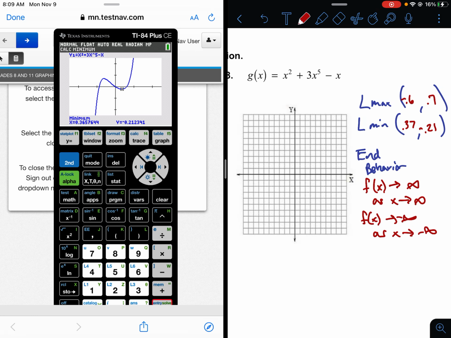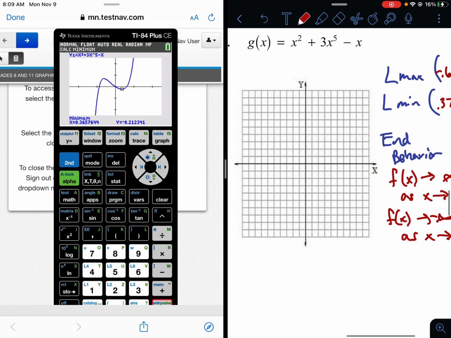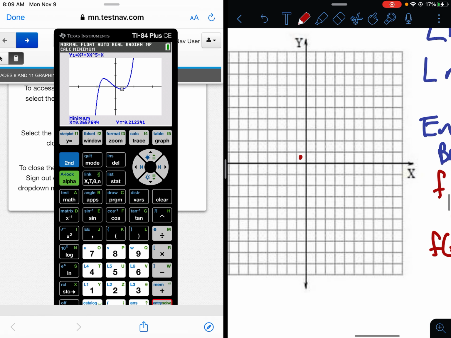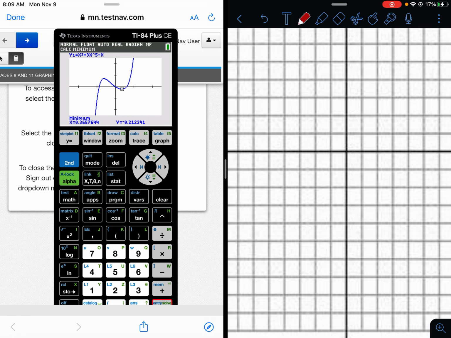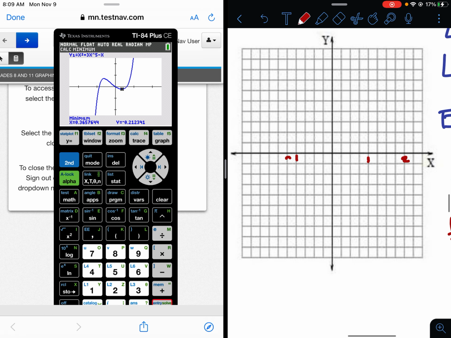So a couple things we want to do too is put all these points on the graph. So I have a local max at negative 0.6 and 0.7. This is going to be really close here. Let's do every 4 is 1, negative 1, 1, 2, just to make this a little bit easier to read.